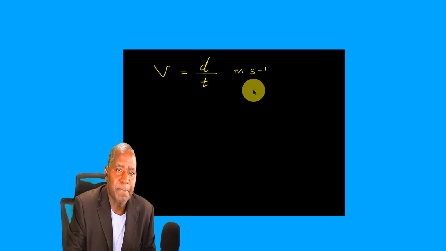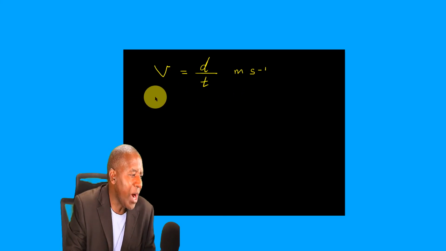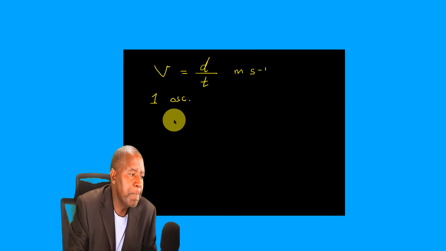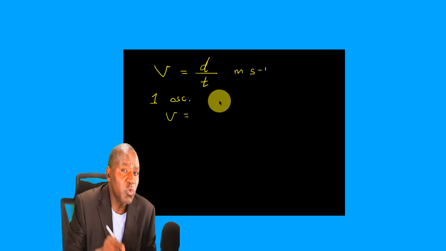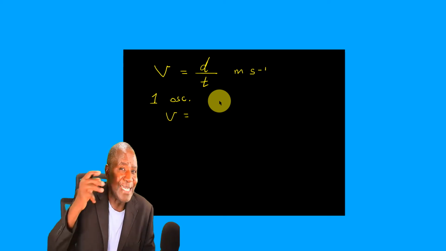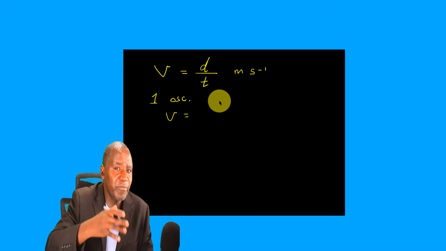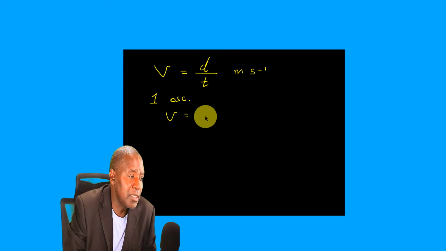Now, for one oscillation, the speed can be calculated by dividing the distance covered by the wave when the wave makes one oscillation. The distance covered by the wave when the wave makes one oscillation, that is wavelength.